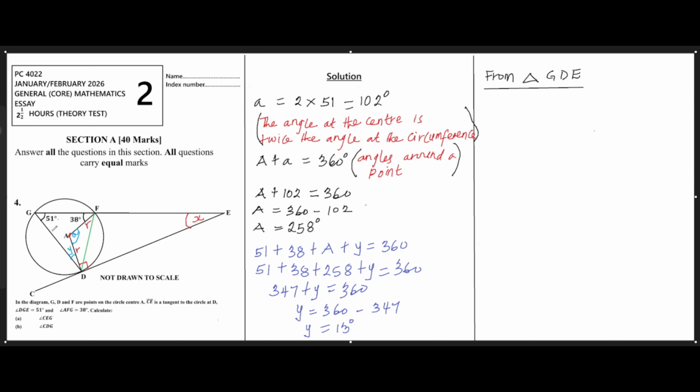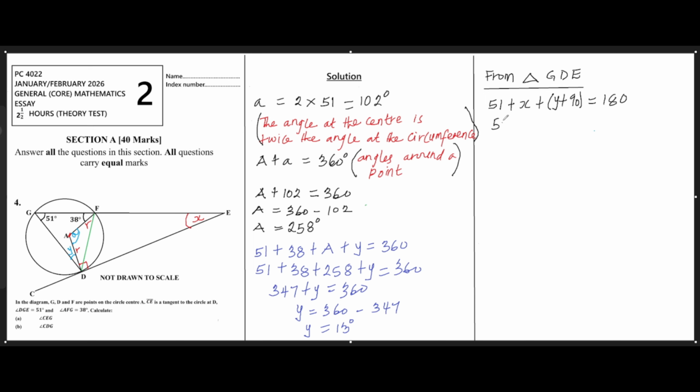So the first interior angle is 51 degrees, plus the other interior angle x, plus the angle at point D. Now at point D we have two different angles. The first one is y and the second one is 90 degrees, that is the angle between the radius and the tangent. And this must be equal to 180 degrees because it is a triangle.